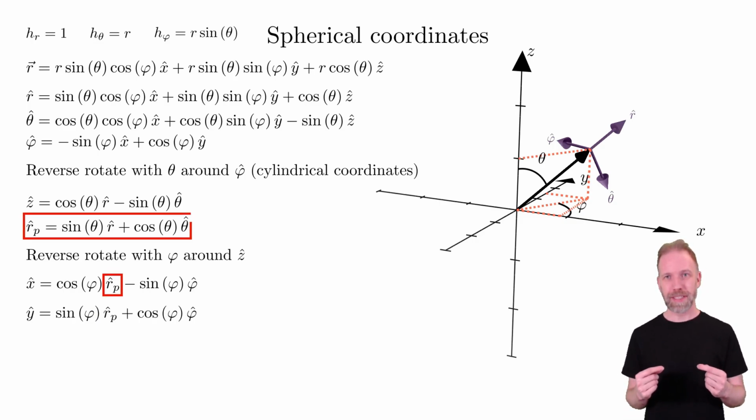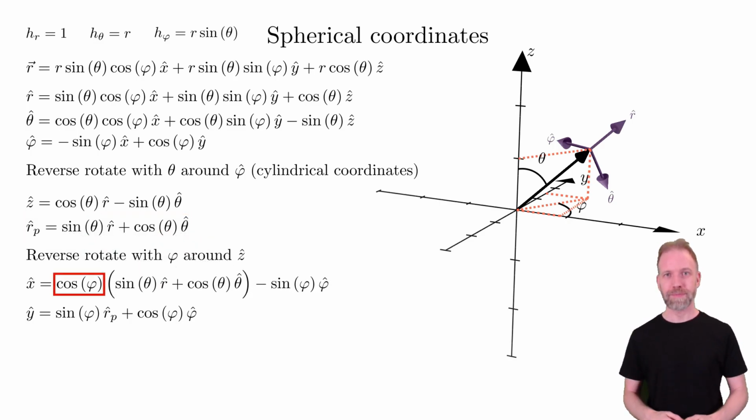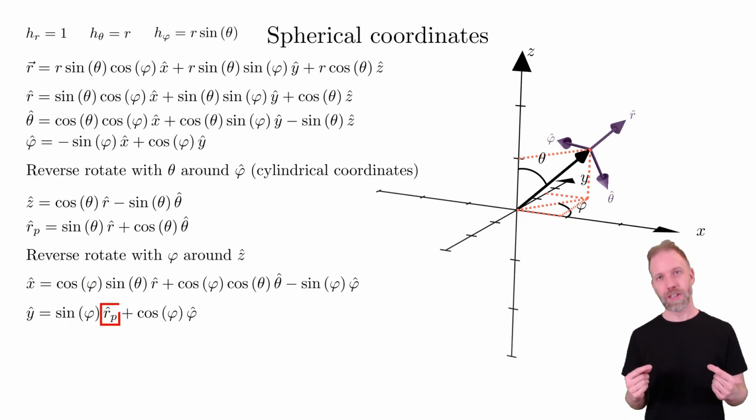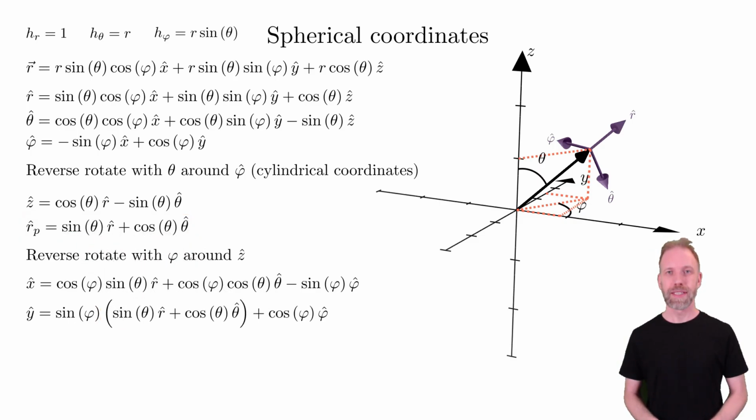Then we insert the expression for rp hat and distribute cosine phi. Insert rp hat again and distribute sine phi.